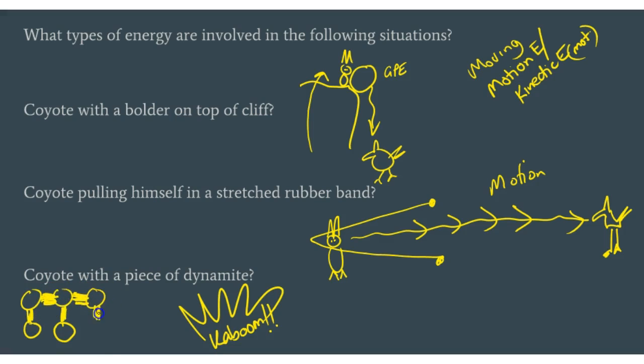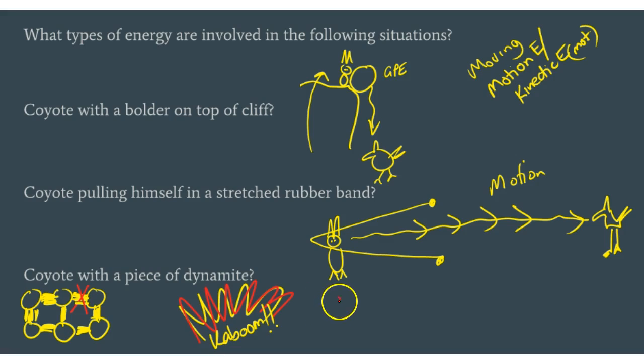Think again of the bulls stuck in a pen together, banging at the walls, trying to get out because they really don't want to be together. So if you break these bonds here, you're going to release not just a little amount of energy, but a huge amount of energy. And when you do so, you're going to have kaboom! And that's exactly what the dynamite's about.